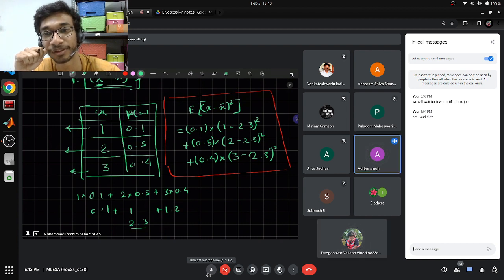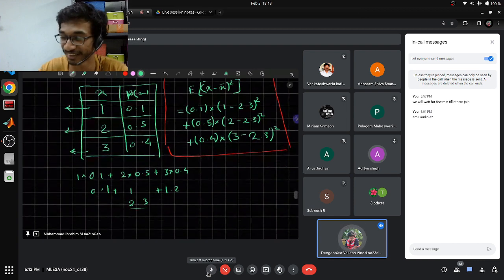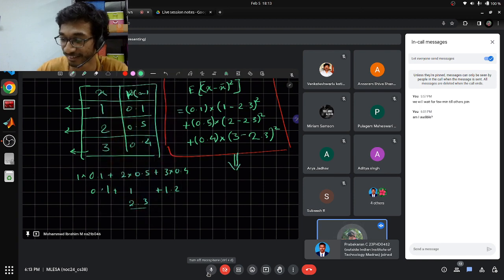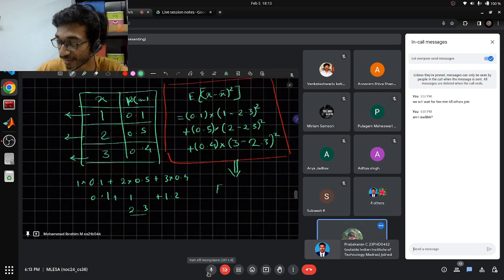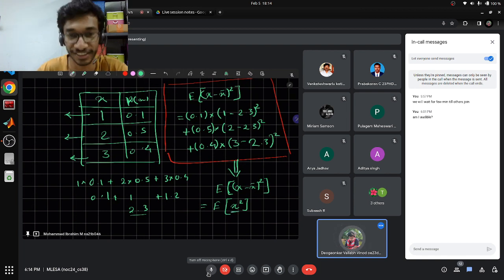Okay. So this is the general idea. This is how you are expected to calculate the variance of something. There is another way of calculating it, and it's just a rewriting of the formula above. So you can write E of (x minus x bar) whole squared as E of x squared, the expectation of x squared itself, minus E of x whole squared, which in our case is actually x bar.